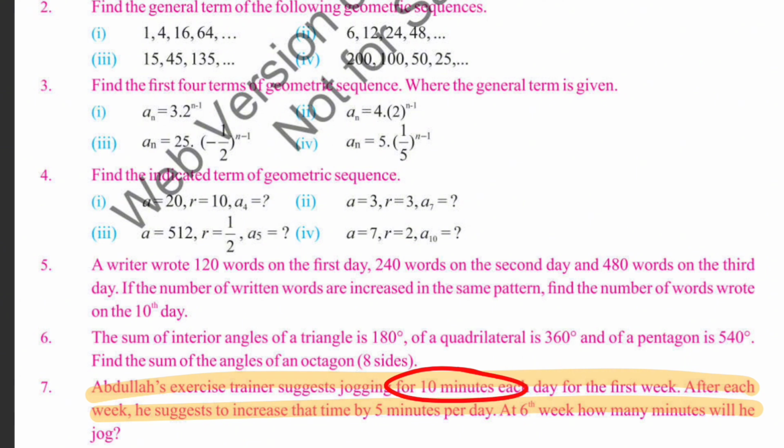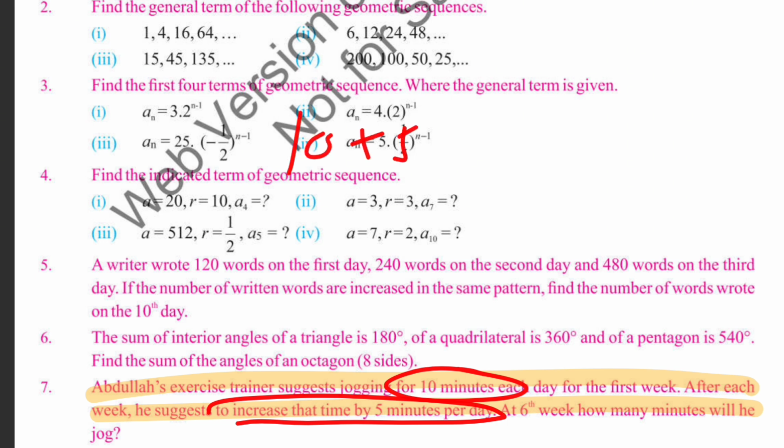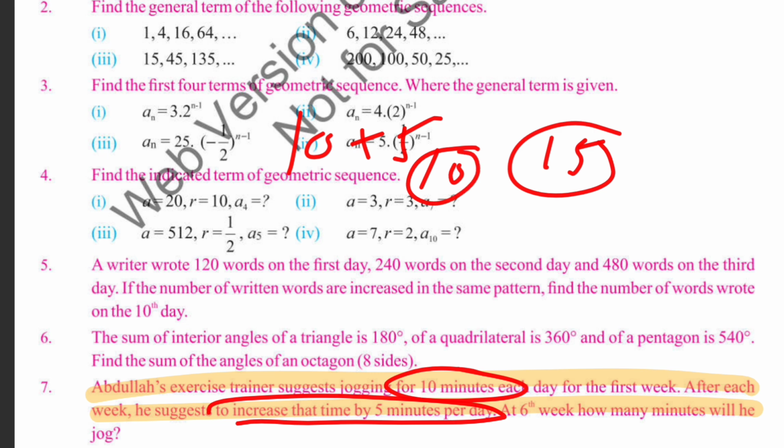After each week, it means every week, he suggests to increase that time by 5 minutes per day. Increase 5 minutes per day. It means 10 plus 5, add, the second week here is 15 and the first week is 10.